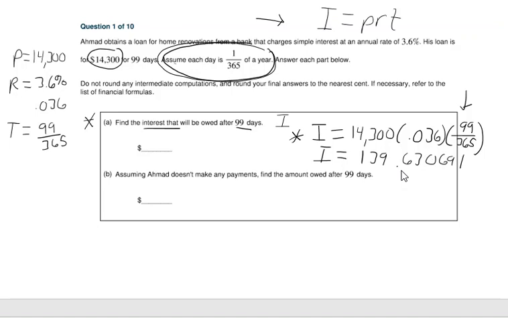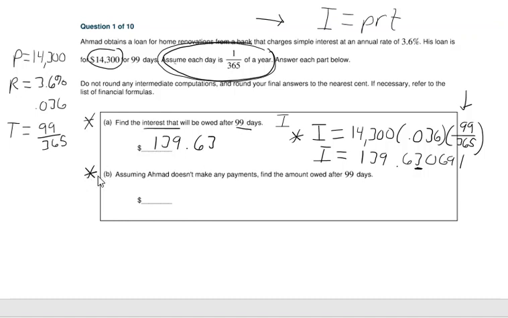Remember this is money, and money rounds to the hundredths place. We look at the number after the hundredths place. If it is not 5 or bigger, then this would not round up. So $139.63 would be the interest owed after 99 days.